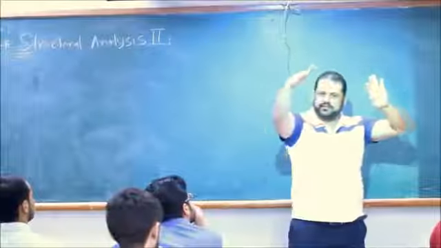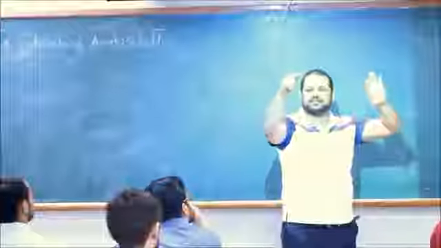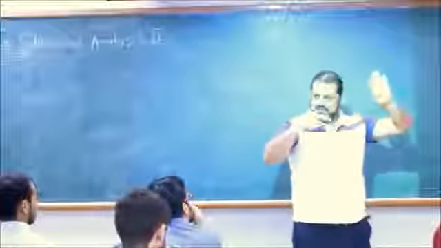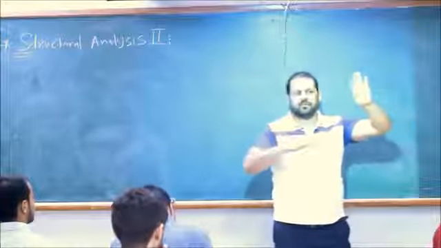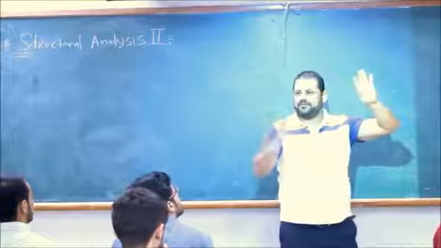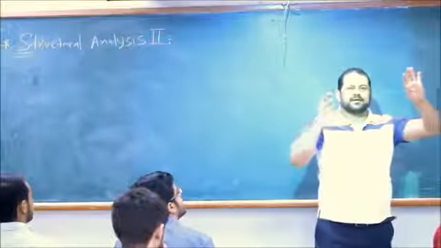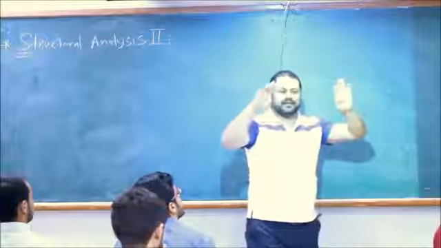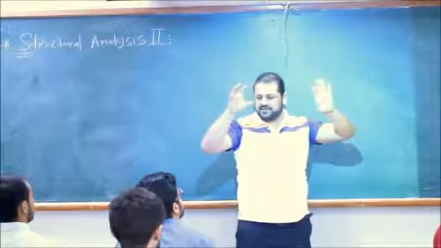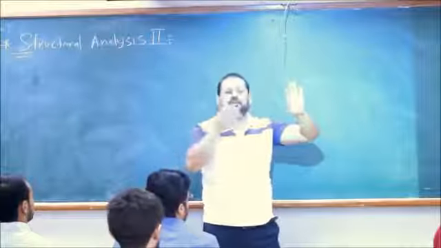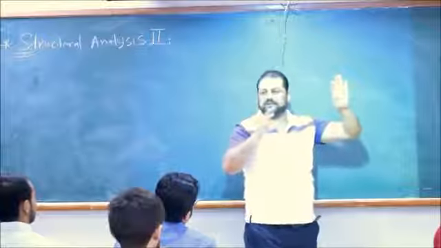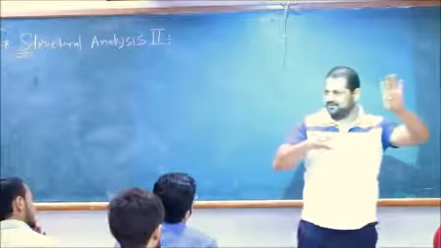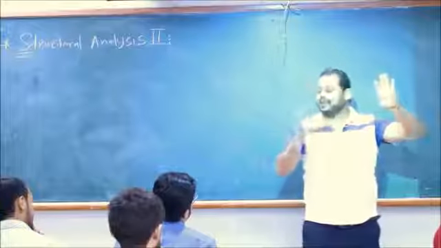Which one is bigger, E steel or E concrete? Modulus of elasticity, steel or concrete? Steel. By how much? Give me a number. E steel is bigger than E concrete roughly by how much? Approximately 8. It's not 8, it's n.